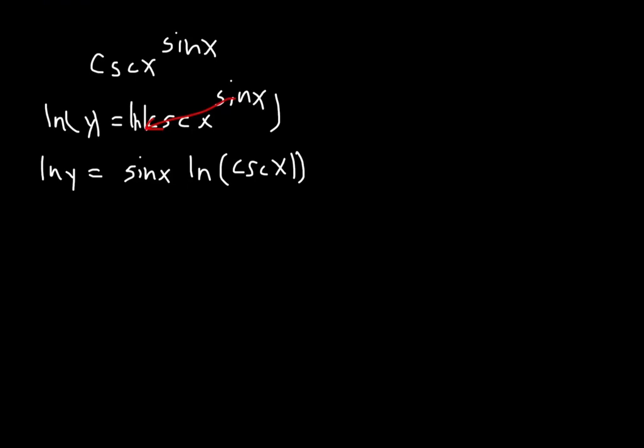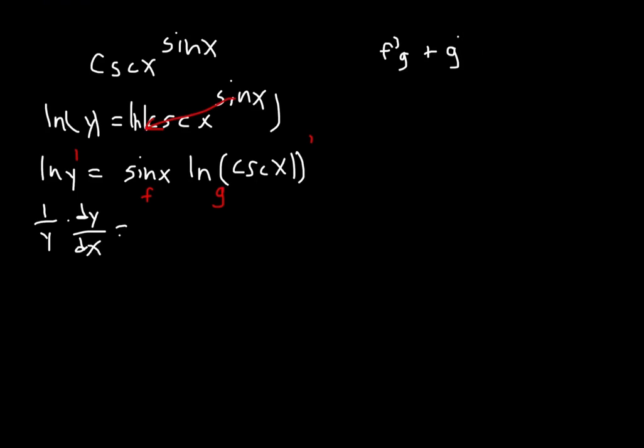And now our next step is to take the derivative of both sides. So 1 over y times dy/dx is equal to, and now here we need to use the product rule. So let this be f and let this be g. The product rule is f prime times g plus g prime times f.